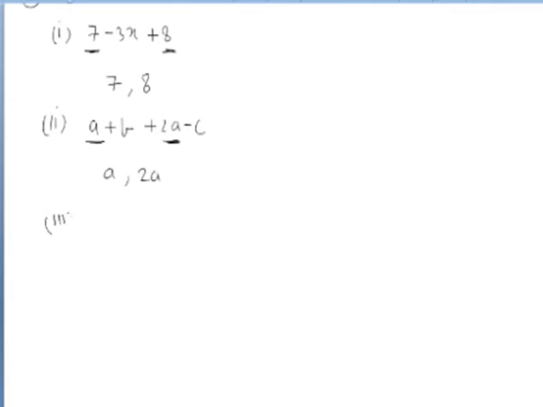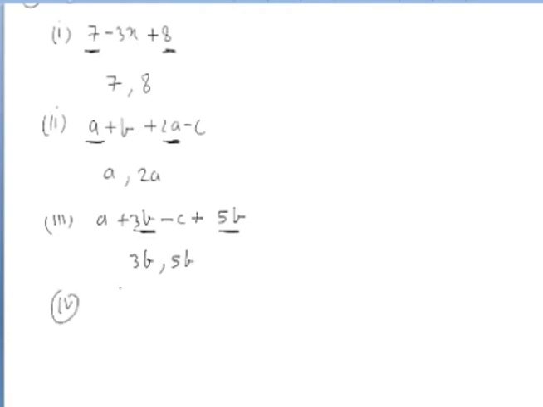And question number 3rd, a plus 3b minus c plus 5b, sorry. So here 3b and 5b, the degrees of both are 1. So like terms are 3b and 5b.